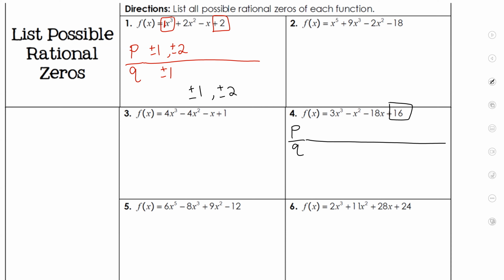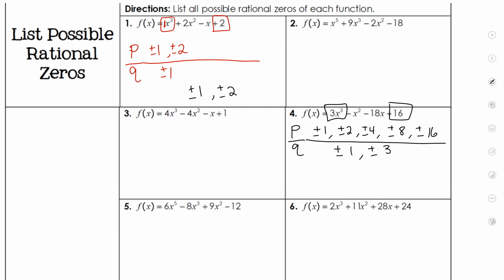Can y'all help me? 1, good. 2 and then 4. 8, good. Good. These are all the factors of 16. Now let's list the factors of the leading coefficient, which is 3. 1 and 3, plus or minus, because -1 times -3 will also give you 3.